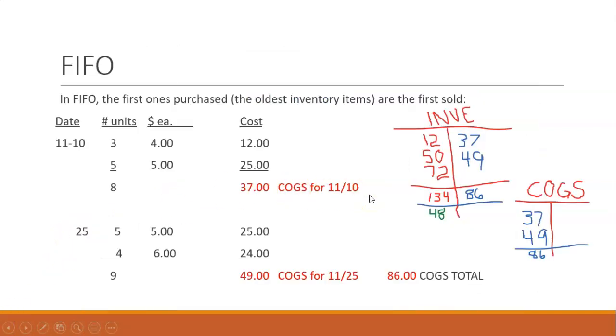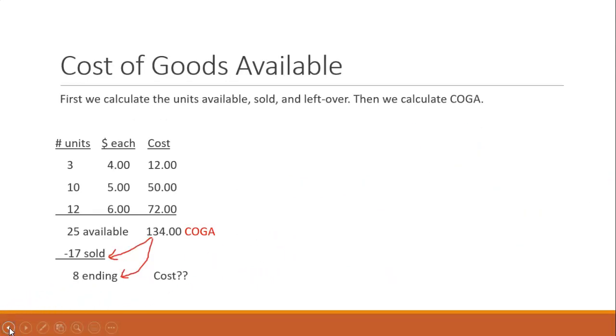So in the inventory account itself, on the debit side, the $12 is the beginning balance. If I go back here, the beginning balance was $12, and then we purchased $50 and we purchased $72.